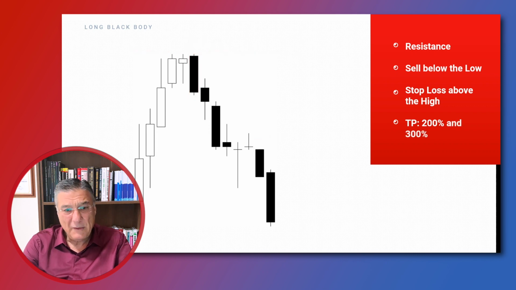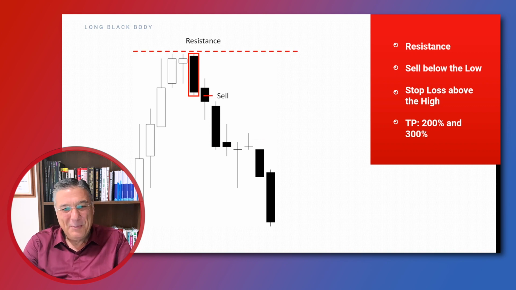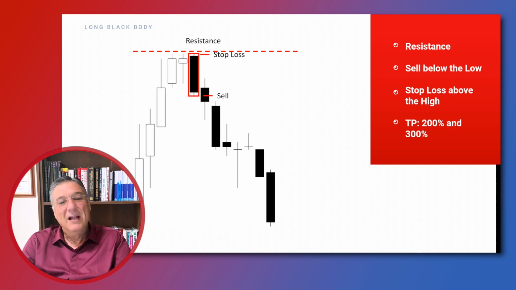Now, the same scenario, an upward rally, and near a resistance area, we spot a long black body. We're going to place a sell trade right below the low price and place a protective stop loss right above the high price of the candlestick.